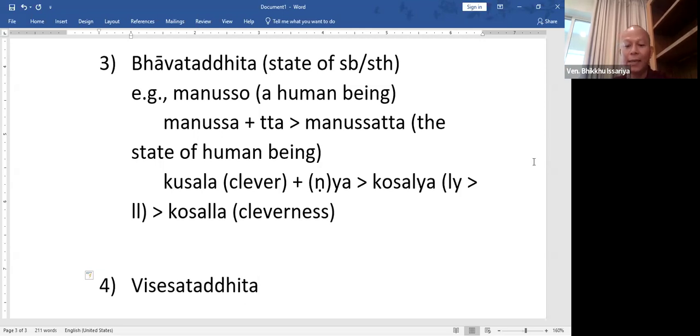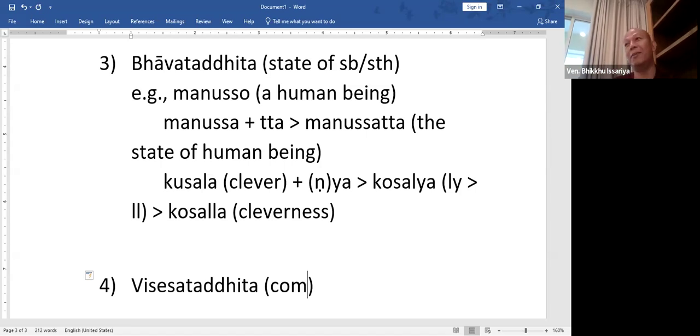Visesa Taddhita in English is the comparative degree. So for example, clever, cleverer, cleverest. In Pali also there are degrees. That previous word kusala is the basic adjective, clever. To make the comparative degree, cleverer, we add one suffix. And for cleverest, the highest degree, we add another suffix.